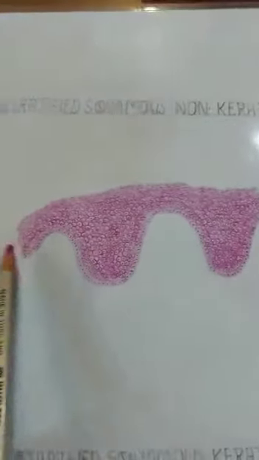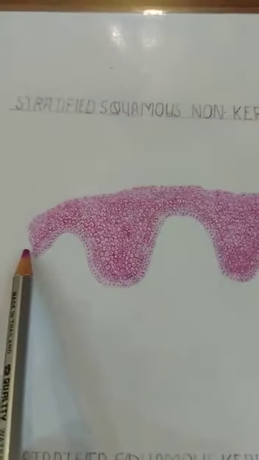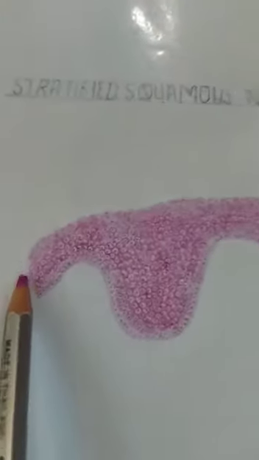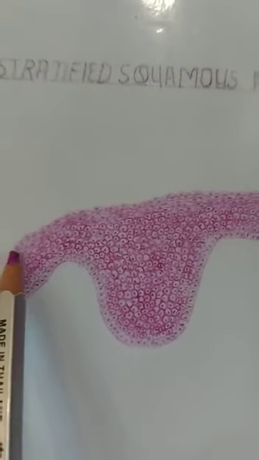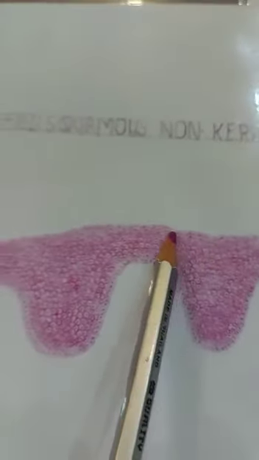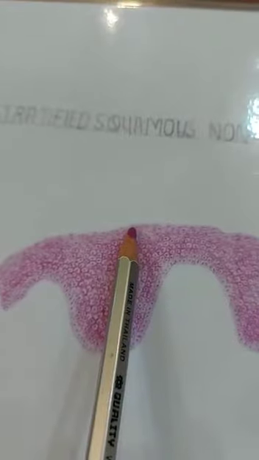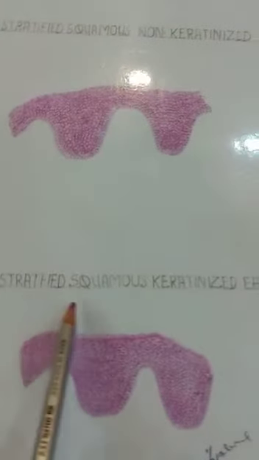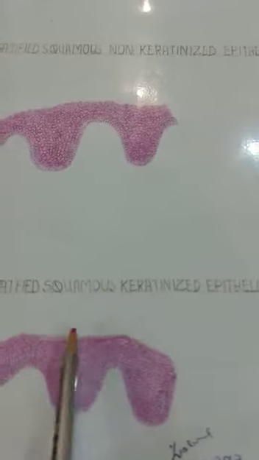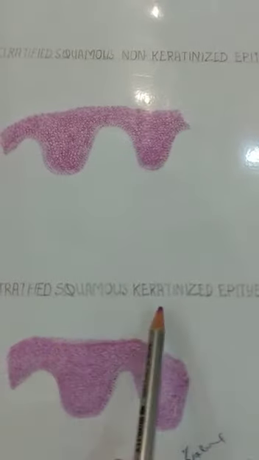The cells then will become polygonal in shape, and eventually the cells will become flattened with flattened nuclei. So the topmost layer is the cells with the flattened nuclei. When we come on to the stratified squamous keratinized epithelium, it means the topmost layer will contain keratin.